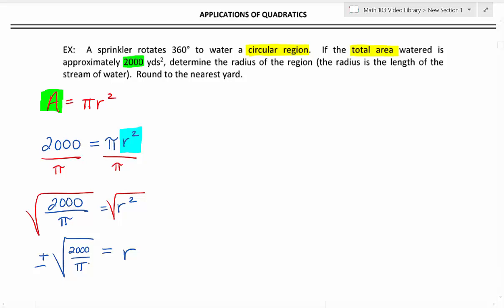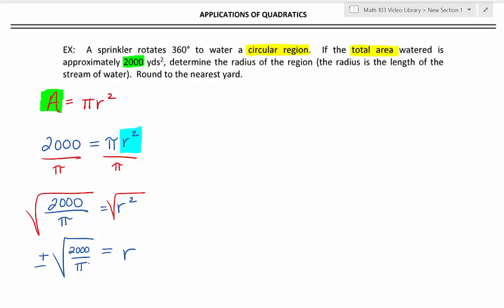Since this is an application problem, we need to make sure that our answer makes sense for the context of the application. We need to make sure that we've answered the question, and lastly, be sure to include any necessary units. So we've solved for r. Think about what r represents. R is the radius of the region.